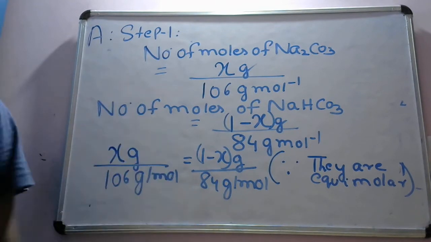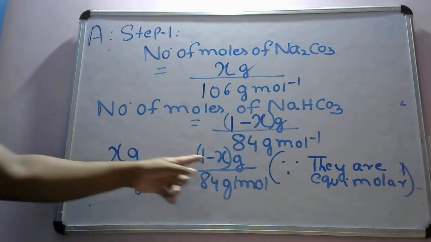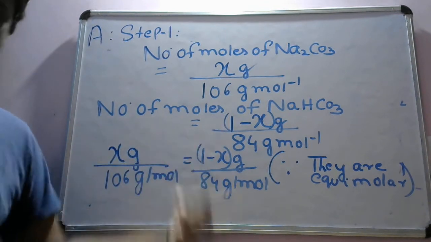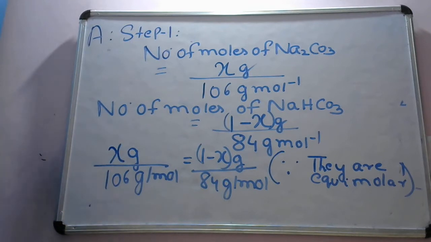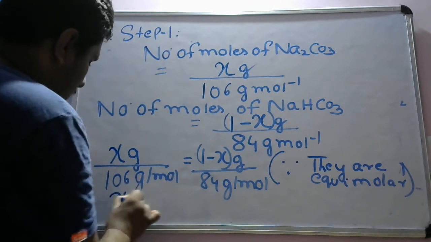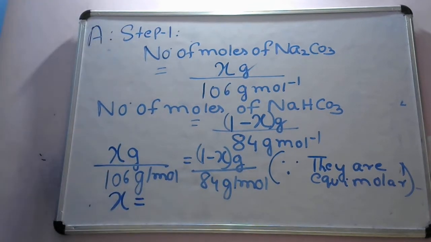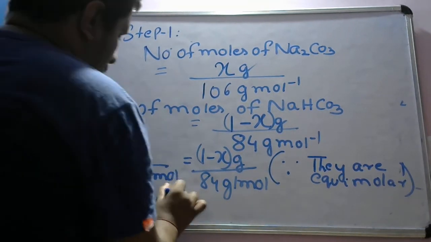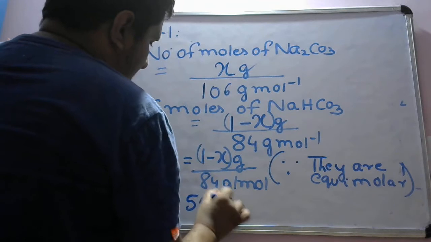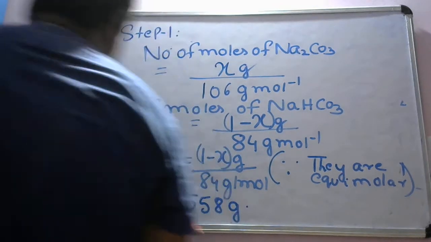So we equated that. Now when we solve it, since it is a linear equation in one variable, you will simplify it, and finally we will get the x value to be 0.558 grams.